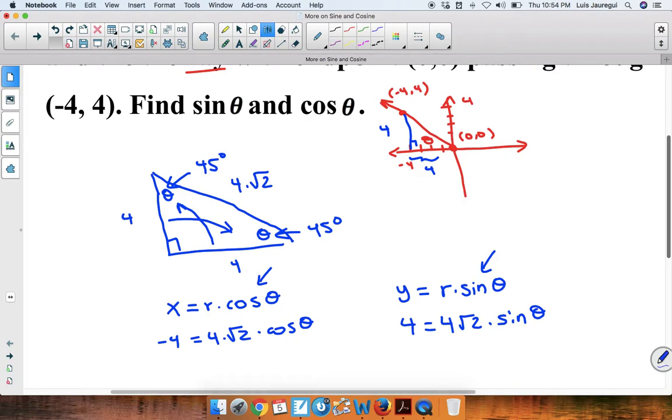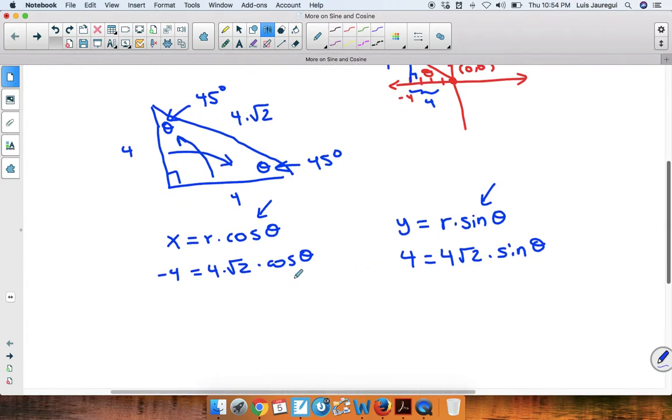Now, our ultimate goal is to get the cosine by itself and the sine by itself. So we need to solve for those. In this case, since cosine is being multiplied by 4 times the square root of 2, I'm going to divide by 4 times the square root of 2 on both sides.